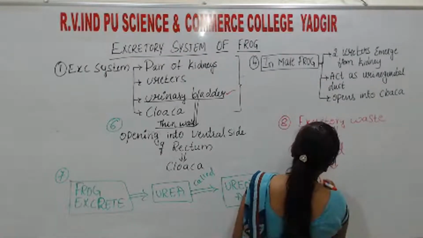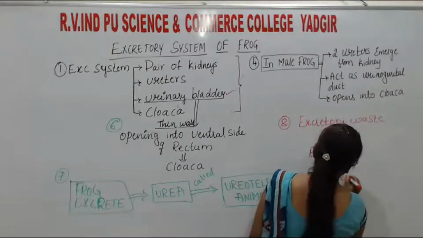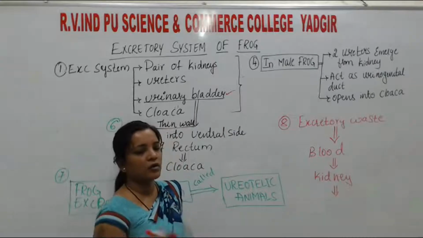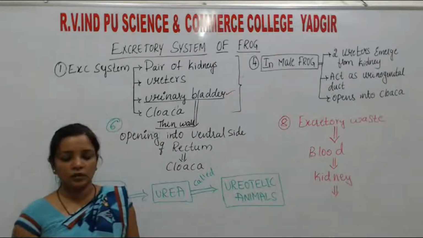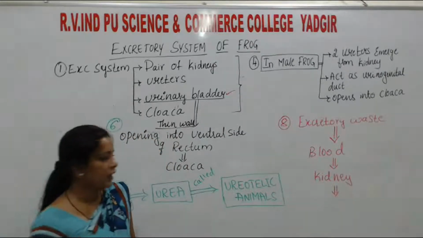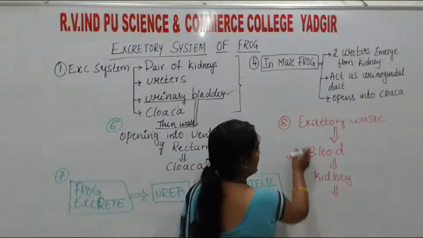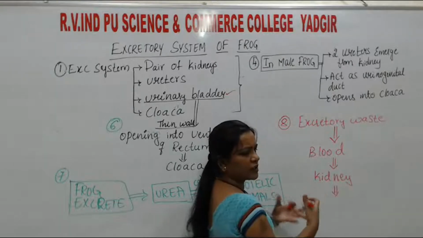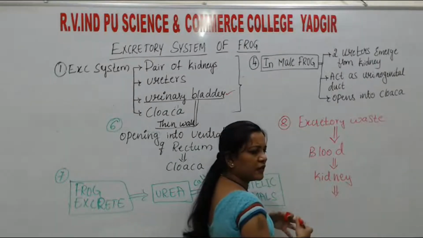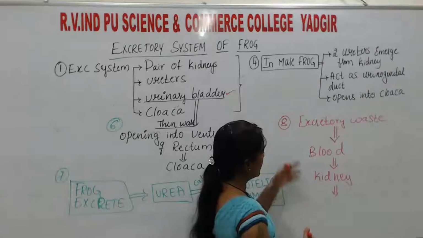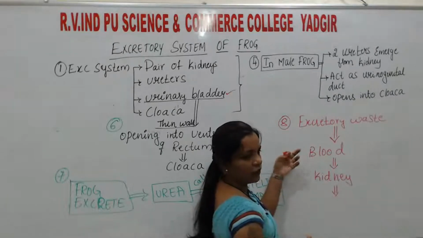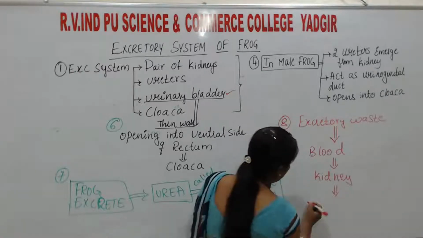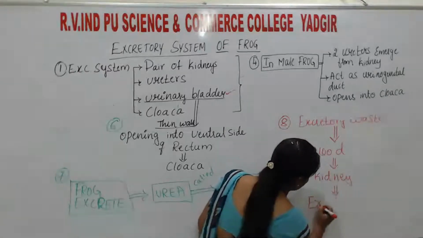After that, it is passed to the kidney. In kidney, with the help of nephrons, the blood is purified. The deoxygenated blood consisting of excretory waste, toxins, drugs, chemicals, whatever is present, is passed to the kidney, and the blood is what?